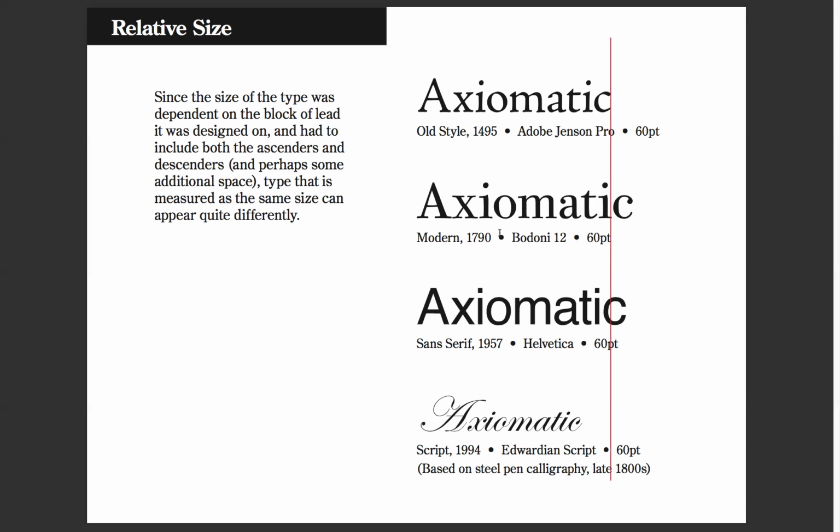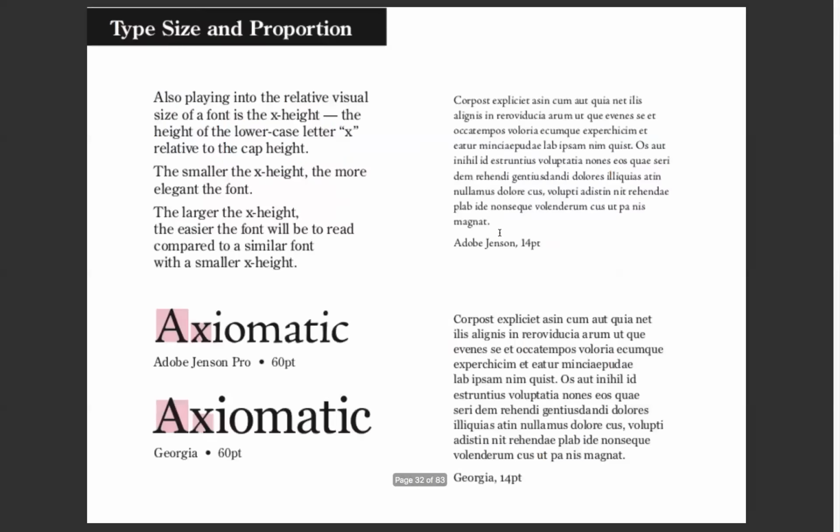It just means that the ascenders and the descenders all fit within 60 points. And something like a script font might have huge swashes. The Y might come way down like that, and that would all have to fit in your 60 points. So the type is going to be smaller.